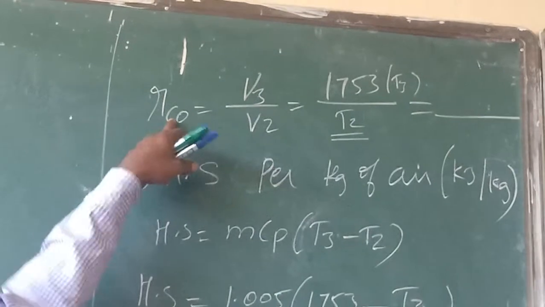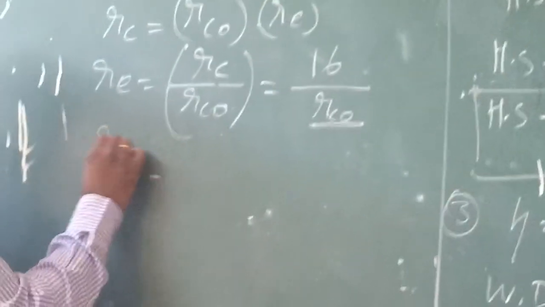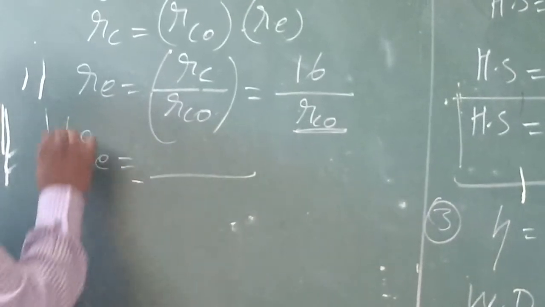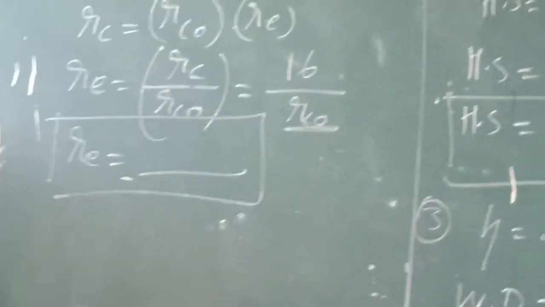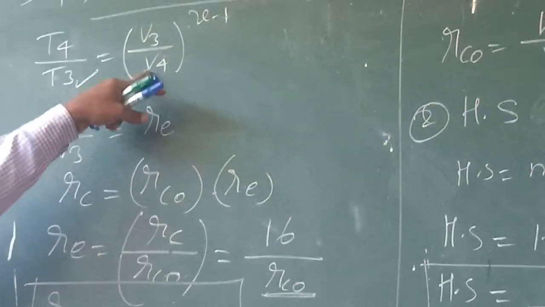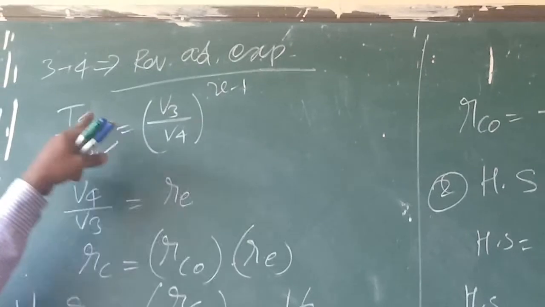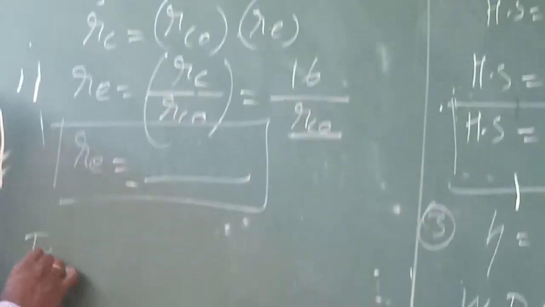We can substitute the RCO, then we can calculate RE. Once we know RE, V3 by V4 we can write as 1 by RE.